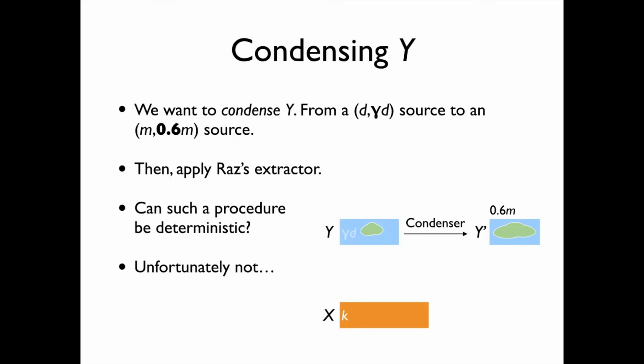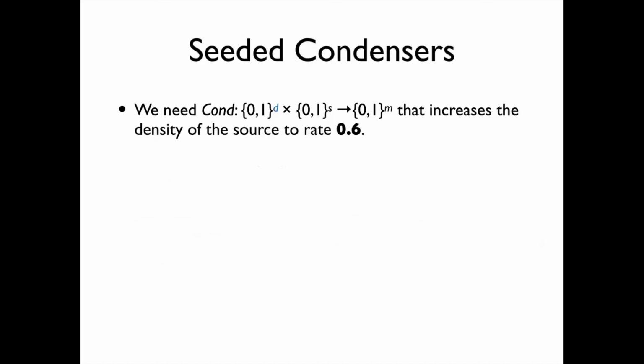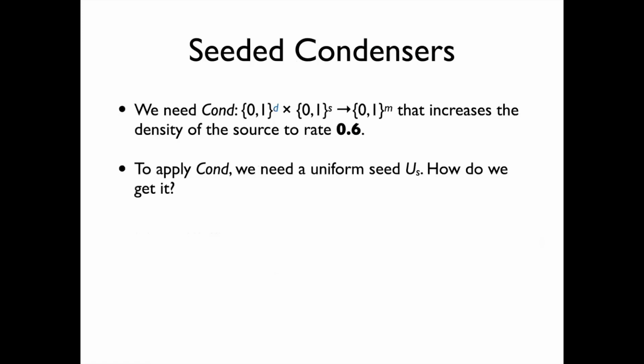So we cannot just take our Y and condense it to some other source Y prime deterministically. So we need a seeded object, a seeded condenser that increases the density of the source. But to apply our condenser, we need a seed. So how do we do that? Of course, we could take another independent source, but we don't want to do that since we only get two sources and not three or more.